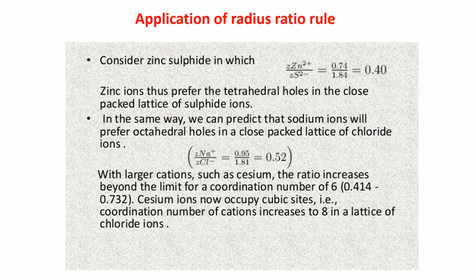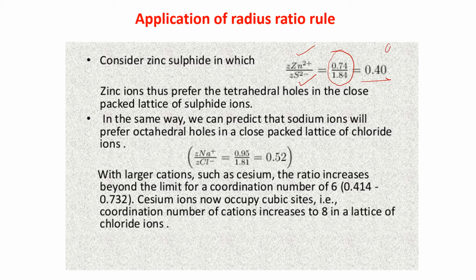Application of radius ratio rule. Now consider zinc sulfide. Now zinc sulfide crystal, zinc is the cation and sulfide is the anion. So radius ratio is saying radius of the cation by radius of the anion. So by doing this, these values are known. By doing this, we are getting 0.40.